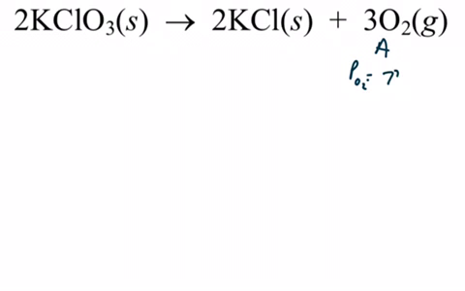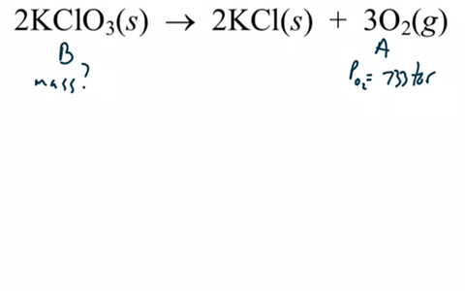It's 733 torrs. We just found that out. What we're looking for is the mass of potassium chlorate. This is what we call a mass to, this is going to be a non-STP problem where we're going to be going from oxygen to potassium chlorate.